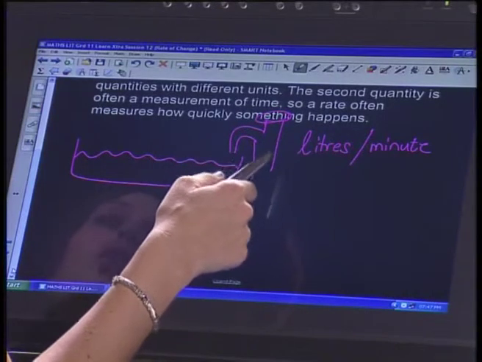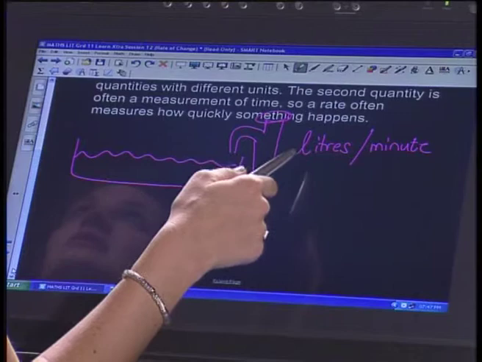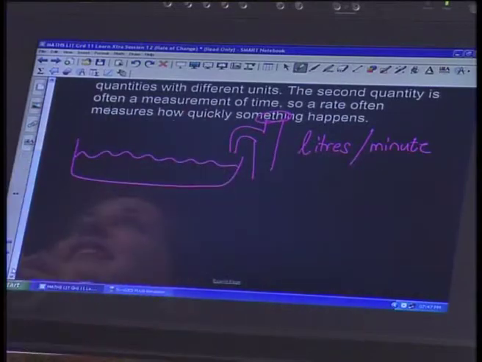And this can lead to all sorts of questions like, how fast will my bath fill up if it's got a capacity of 100 liters? Well, we can say our tap fills up at a rate of however many liters per minute. And that can give you an indication of how fast your bath can fill up.